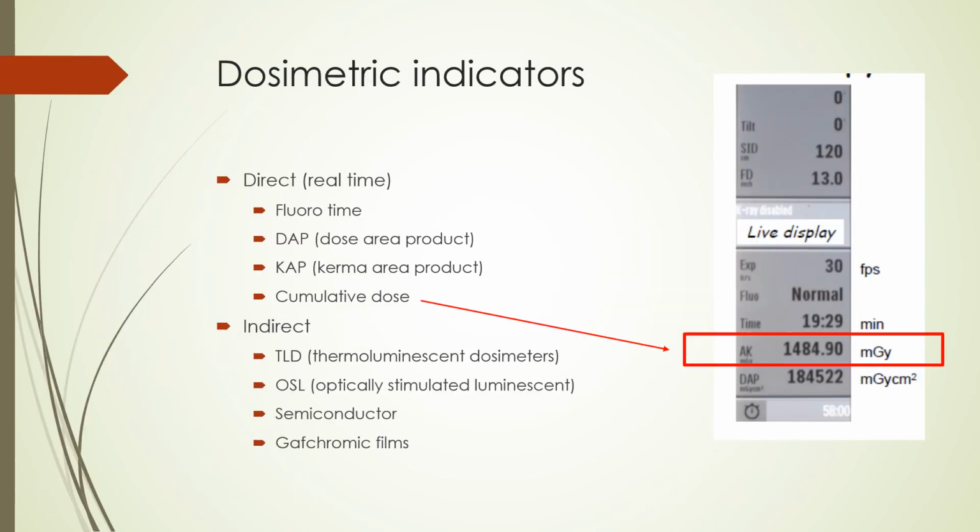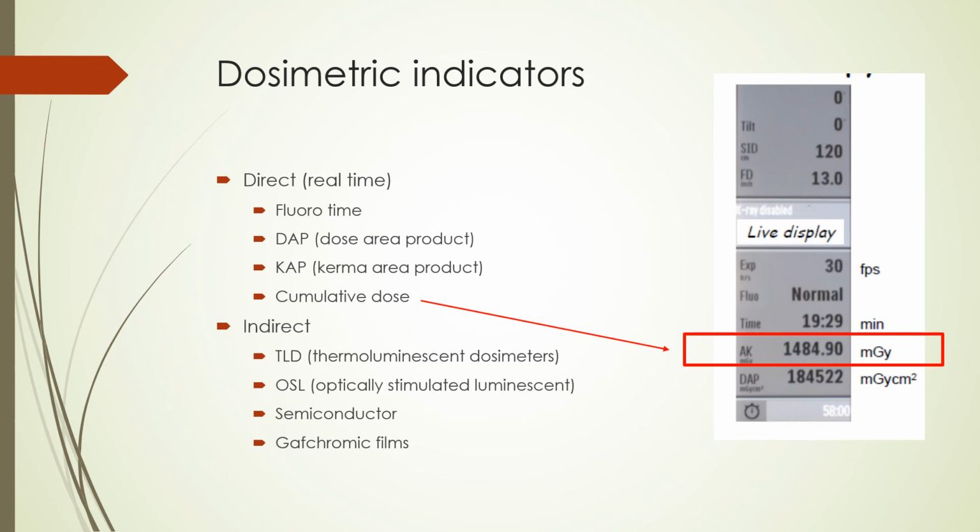Fluoroscopy, particularly in interventional procedures, can give rise to both stochastic and deterministic effects. We shall focus on deterministic effects from fluoroscopy procedures, particularly patient skin dose. Dosimetry indicators for skin dose can be direct and in real time or indirect.